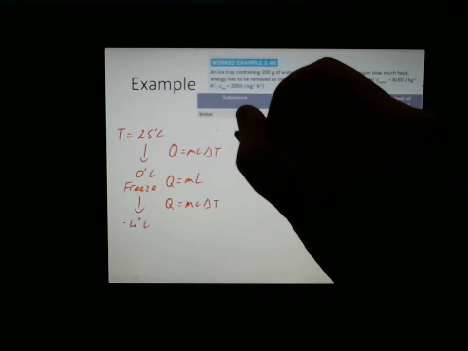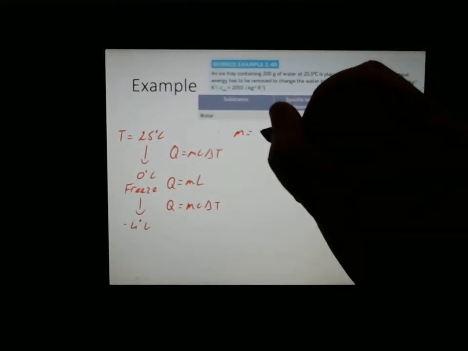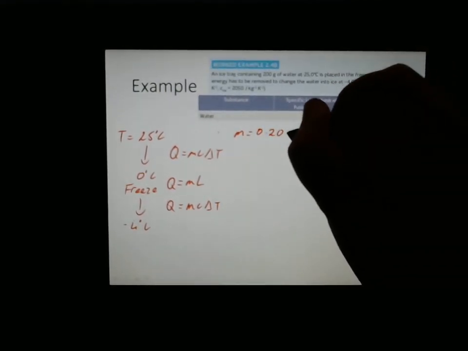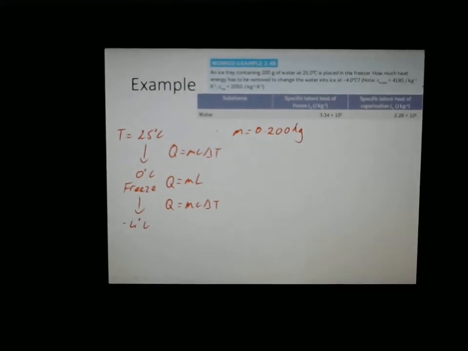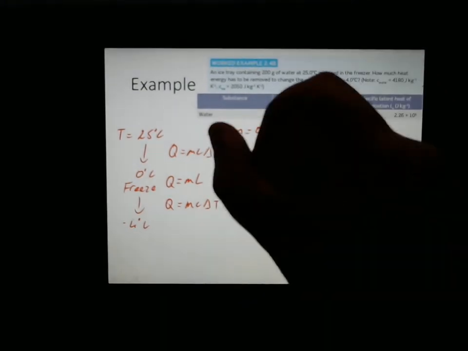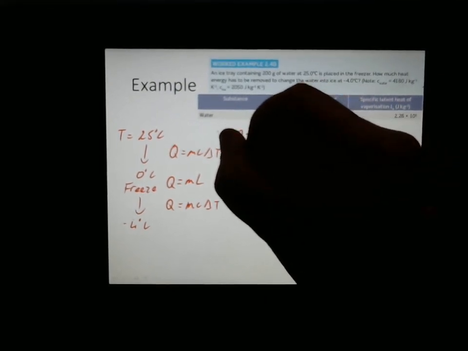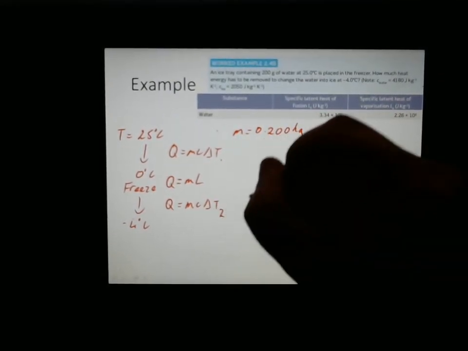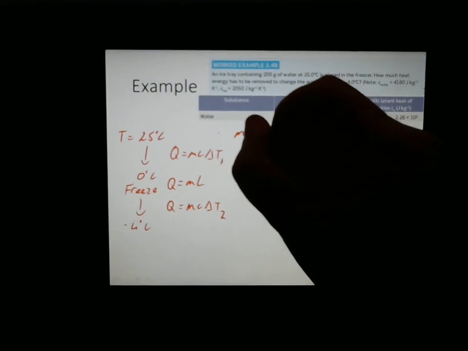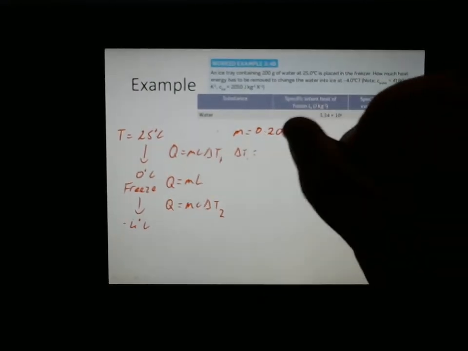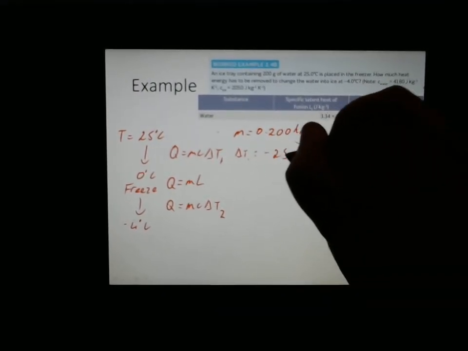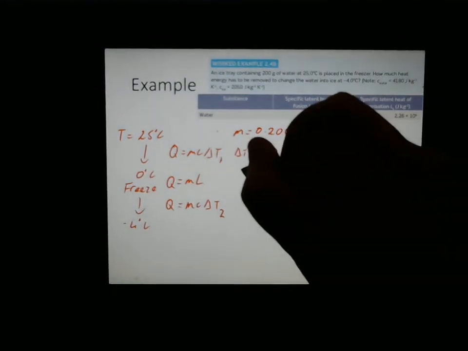Let's write down our values. We have mass equals 0.2 kilograms, because it's 200 grams. Always convert to your SI units. For this one here, I'm going to call this delta T1. I'll call this delta T2. Delta T1 equals -25, from 25 to 0.